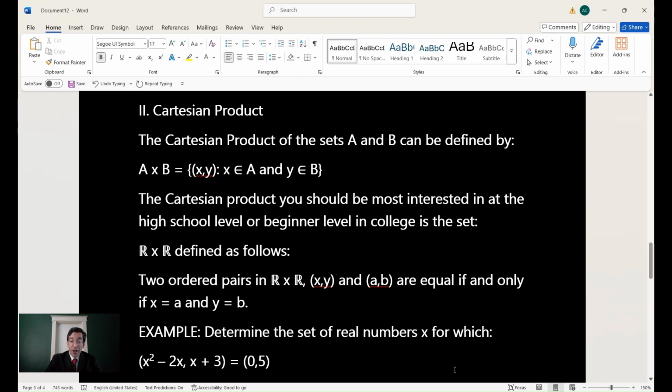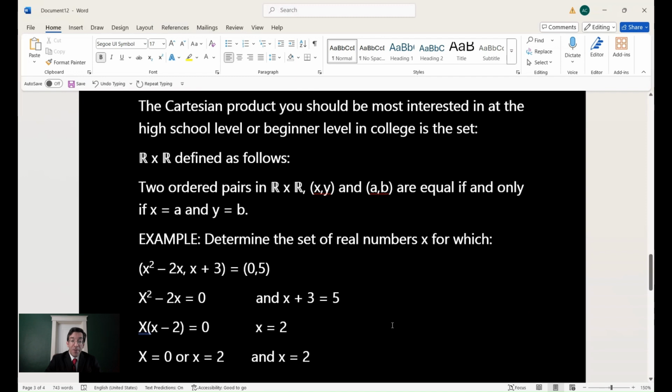So as an example that I'm showing you here, you determine the set of real numbers x for which (x squared minus 2x, x plus 3) equals (0, 5). Well, we solve each one separately. Your x squared minus 2x, set it equal to 0. We factor out the x and we get x equals 0, or x is equal to 2.